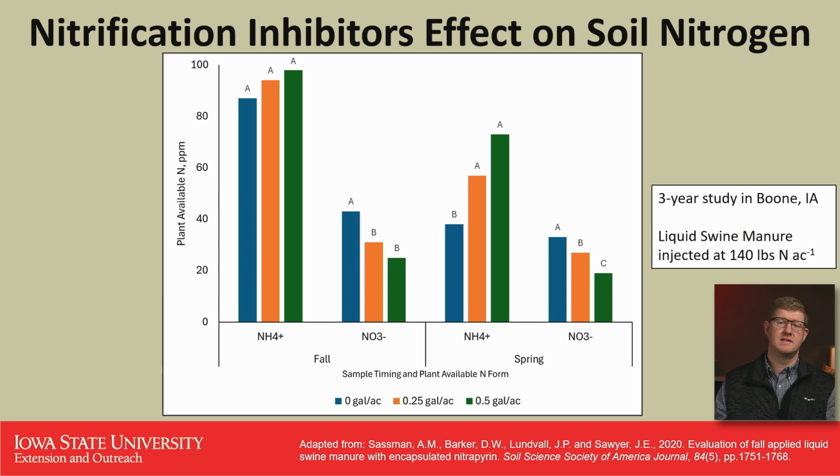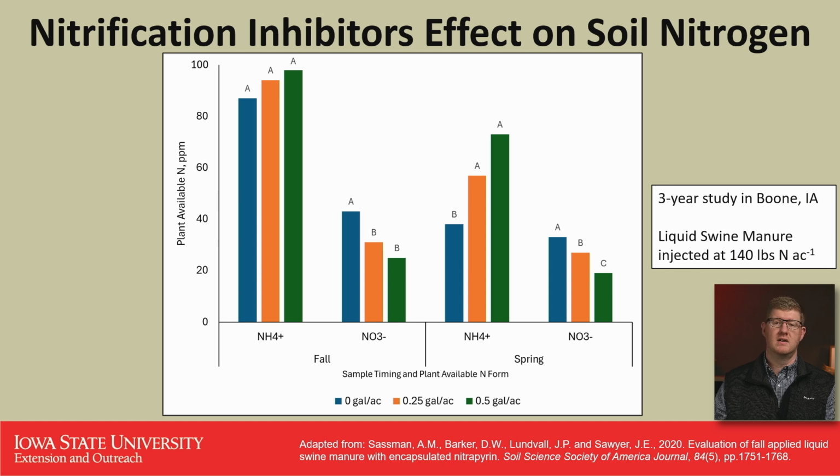They analyzed the soil for both ammonium and nitrate concentrations. On the y-axis, what we have is the concentration of those different plant available forms of nitrogen.